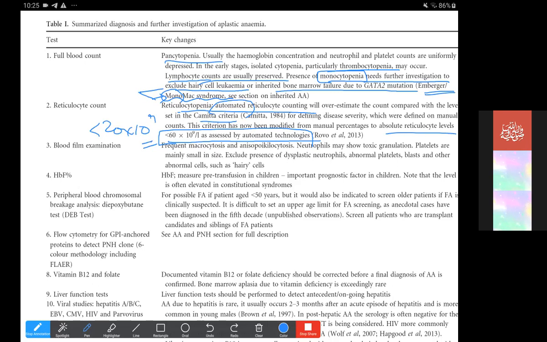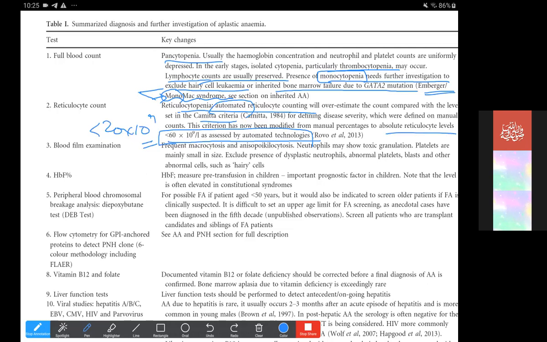This value also had reference to a lot of studies. Keep in mind that the 60 is the automated value.